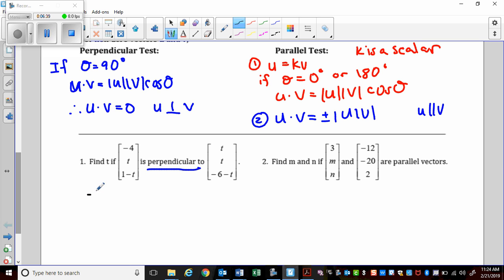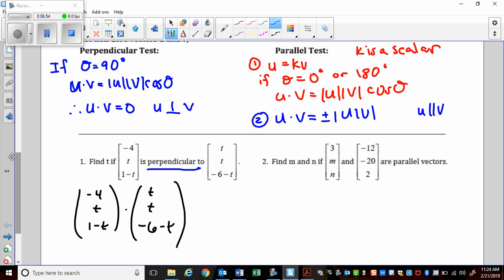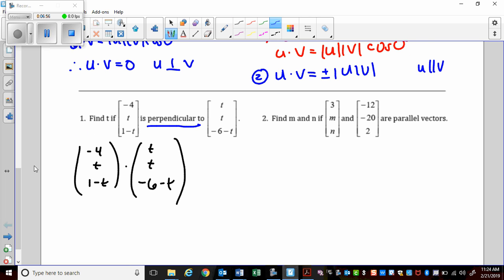So I'm just going to do the dot product of negative 4t, 1 minus t, dot t, negative 6 minus t. The dot product is when we multiply the x's, then add multiplying the y's, add multiplying the z's.